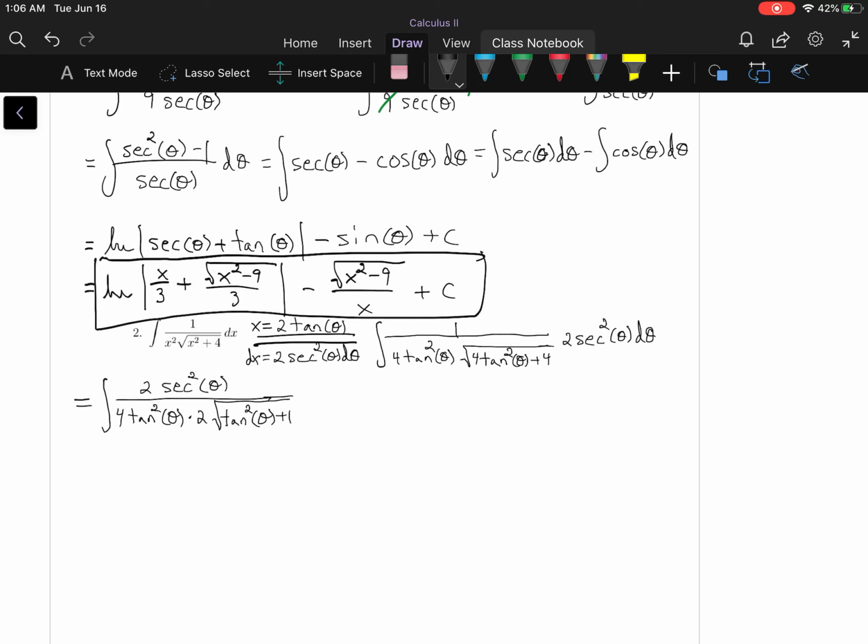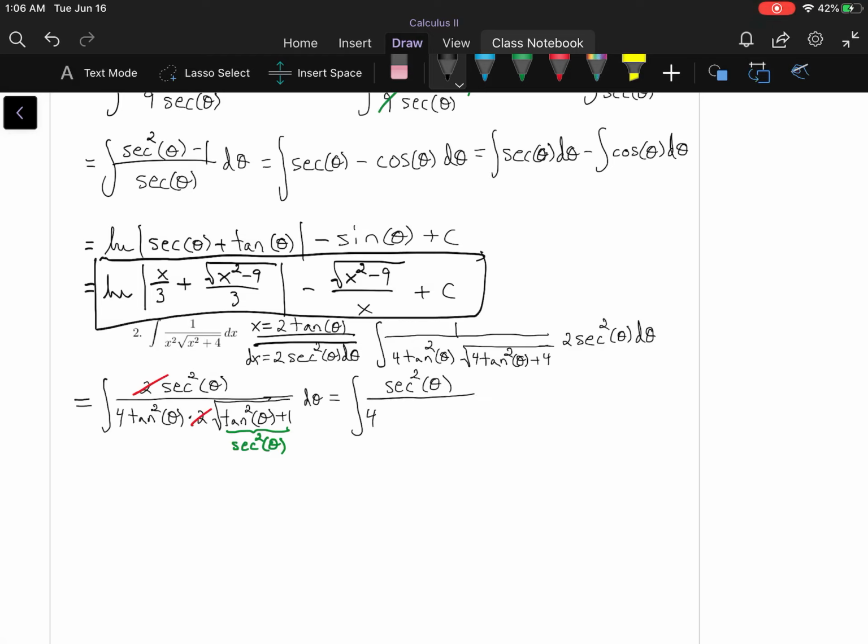And this tan squared theta plus 1 is equivalent to secant squared theta, which means we're going to have 2's cancel out on top and bottom. We are also going to have a secant squared theta on top.